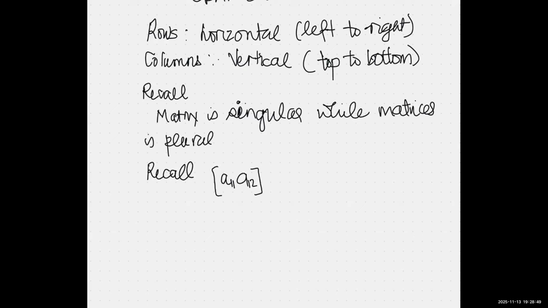Like we said, matrix or matrices? No. Each matrix has a name by the dimension. We name the matrices by the dimension. So 2 by 2, that's a 2 by 2.